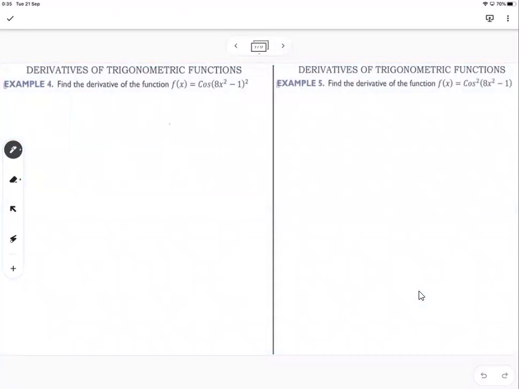Number 4 and 5 are a comparison of two problems that seem very similar, and you may think that you have to solve them using the same procedure. This has to do with what I mentioned a moment ago: depending on the location of the exponent is to whom it is applied.